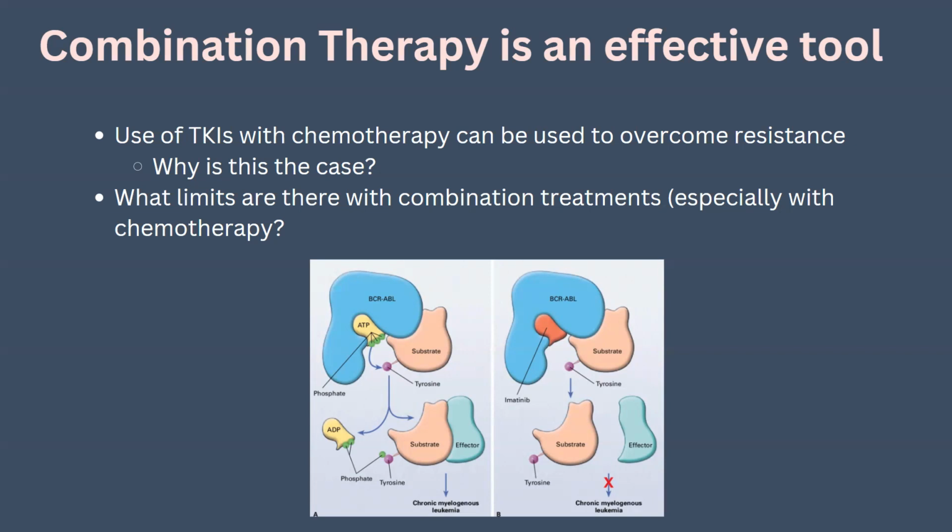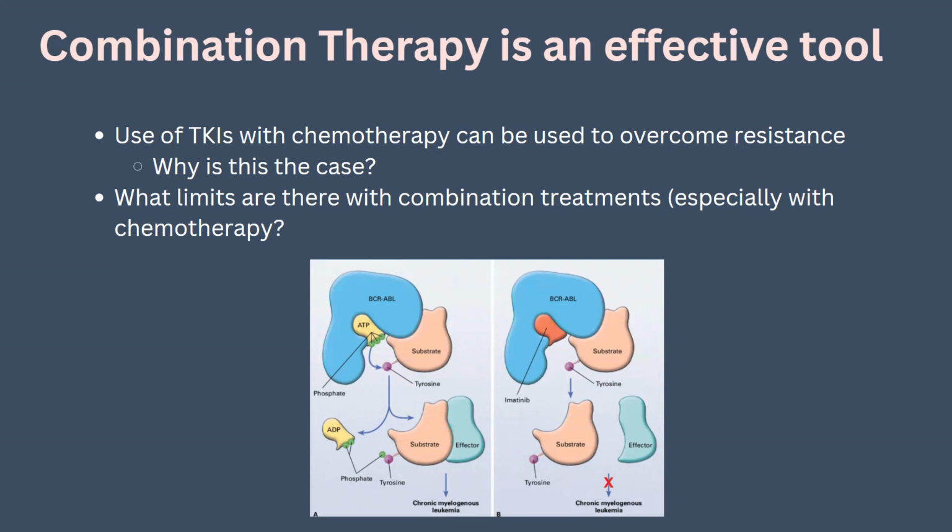Any questions? Yeah, at what stage in CML would. Any stage. It's harder to catch chronic phase because you just don't know you have it. But if the patient is doing routine checkups, like with complete blood counts, this can also be an option, because chemotherapy and radiography are the two most common ways of targeted cancer therapies.